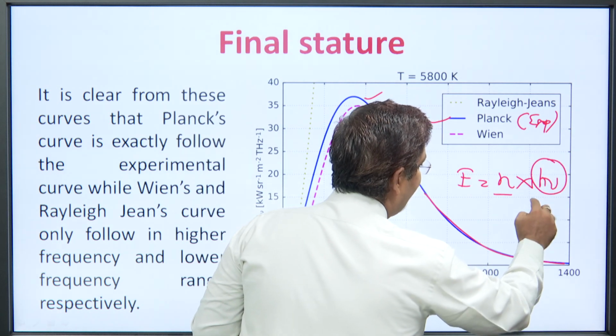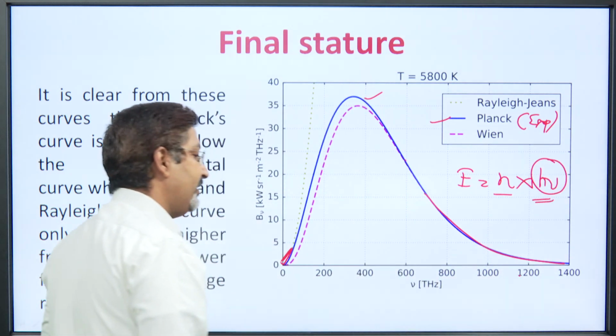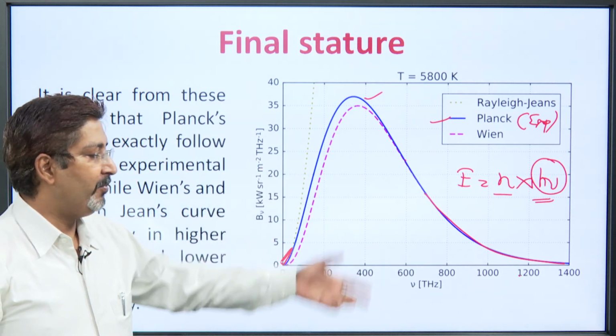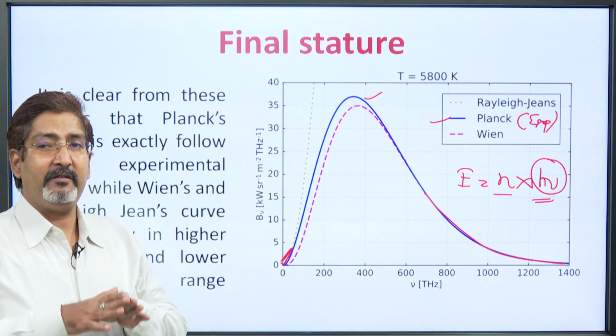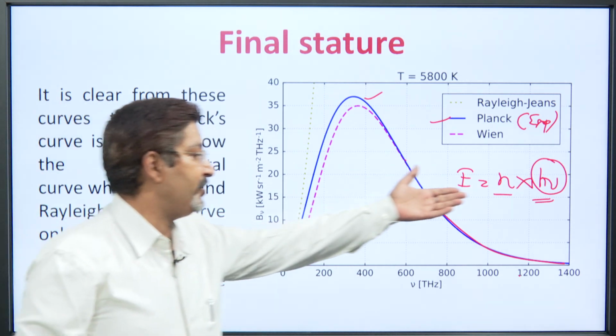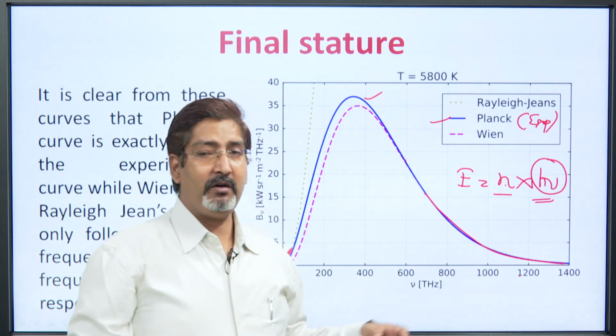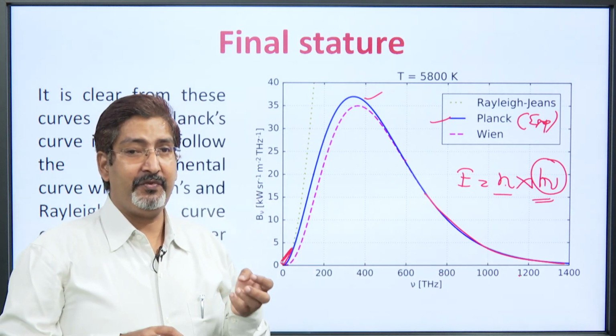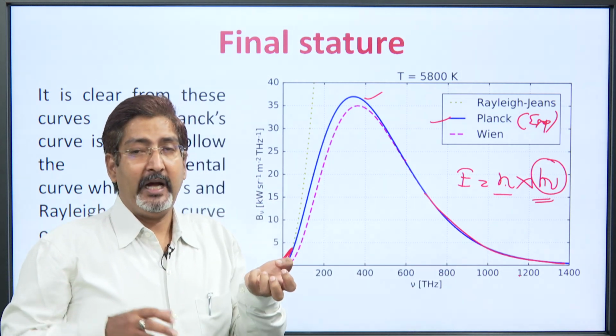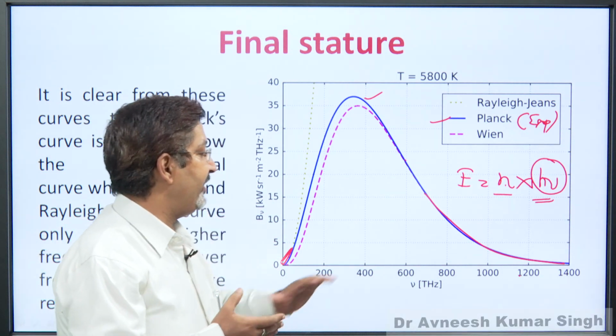This h nu is very important. The photon energy is always a multiple of that. You cannot get a fractional energy of h nu, you cannot get less than the energy h nu, you cannot get an energy that is between h nu and 2 h nu. That is very important.